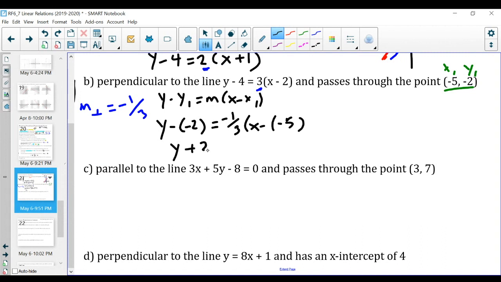So we'll end up with y plus 2, because when you subtract two negative numbers, we're going to end up adding them, is equal to negative 1/3 times x plus 5. So this would be a line that is perpendicular to the line y minus 4 is equal to 3 times x minus 2.